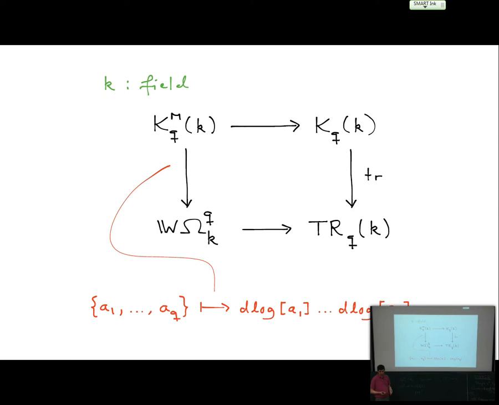And it has been a long dream of mine to have a similar spectral sequence converging to the TR groups, so that this lower map is the edge homomorphism of that spectral sequence. And maybe Matthew Morrow is getting closer to realizing this dream.